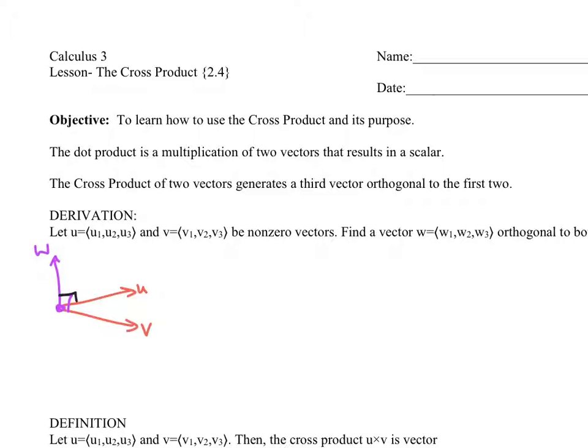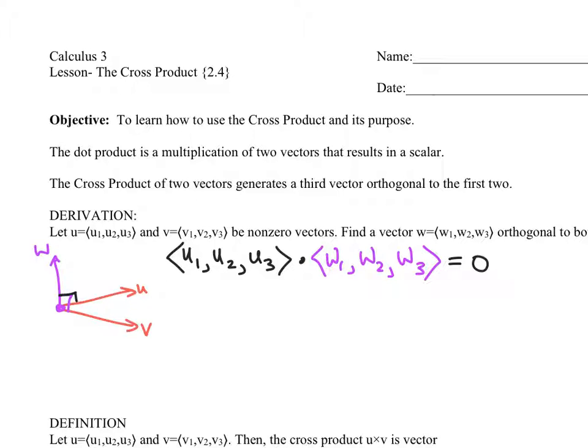So using a dot product, I would say U1, 2, and 3 dotted against W1, 2, and 3 is going to result in a value of 0.